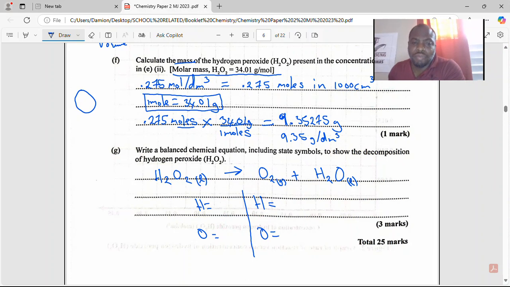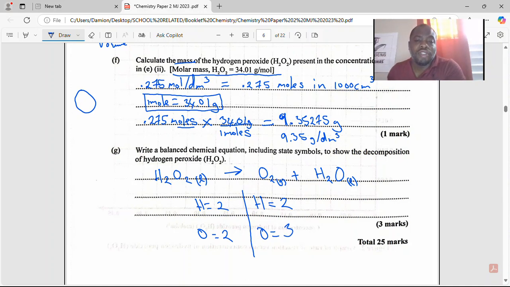You can just have it on a piece of paper and do it. So how many hydrogens on this side? 2. How many hydrogens on this side? 2. Oxygen on this side? 2. Oxygen on this side? They do not work together, and we try to balance it. So there are three oxygens on the other side.